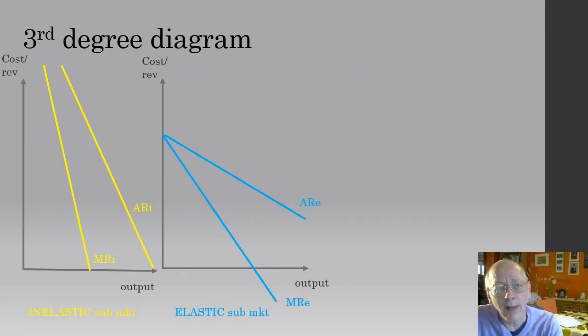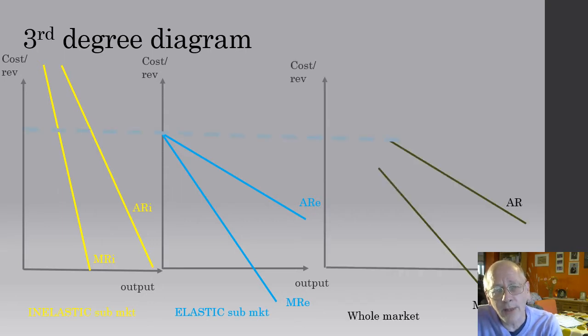So for the diagrams, you need an inelastic sub-market and an elastic sub-market. You'll notice here I've done the standard thing. I've drawn both the AR curves and the MR curves. I've drawn the MR curves being roughly half the horizontal distance to the AR curve from the origin. Now this next bit is quite tricky, and I'd suggest that you use a ruler. I'm going to start my diagram for the market as a whole at the point at which the elastic market starts.